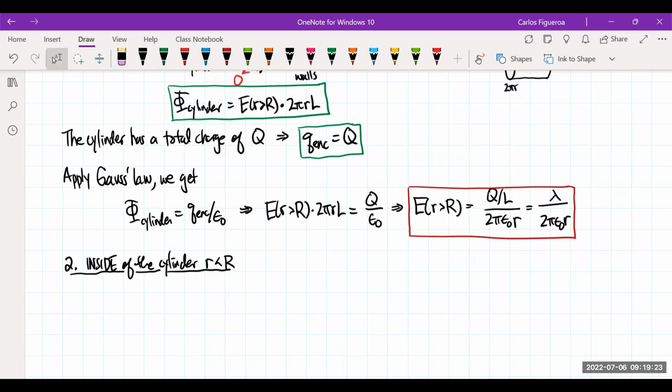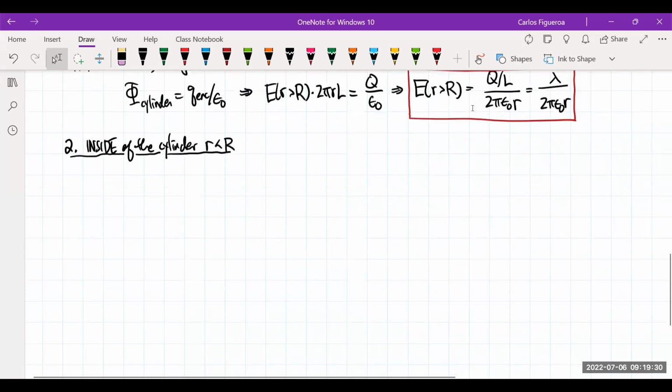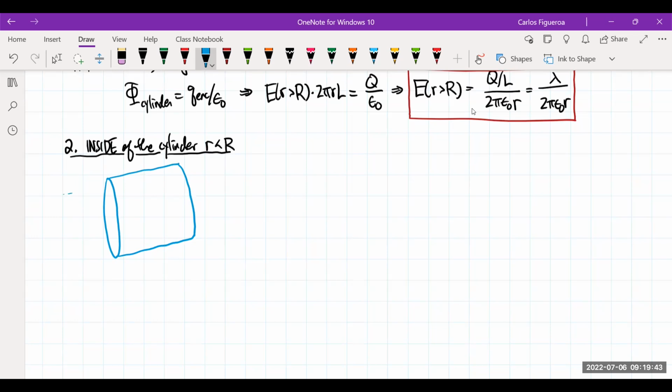Maybe I should draw it two ways just to make sure that we're clear. So now I have my cylinder. I'm going to draw this large. Remember, this is very, very long. So when I look at this, I have the actual cylinder.